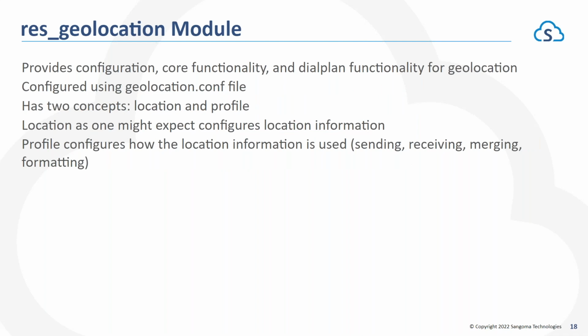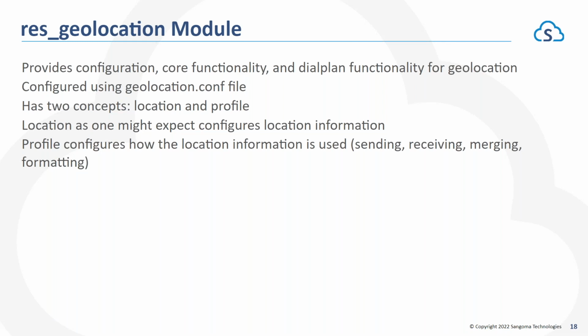The core functionality is held in the res_geolocation module. This provides the configuration aspect, core functionality, and also some Dialplan functionality. It's configured using the geolocation.conf configuration file, and fundamentally it has two concepts, locations and profiles.